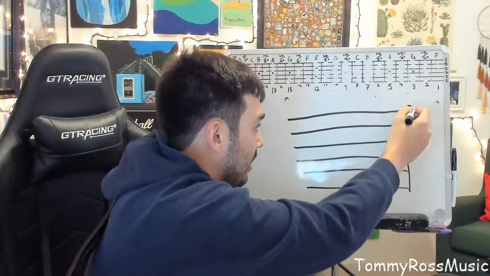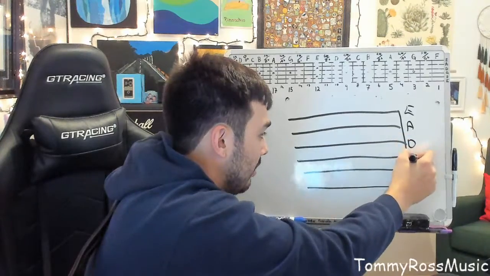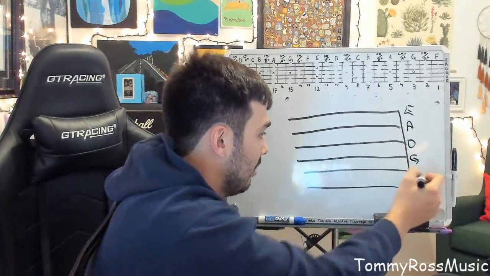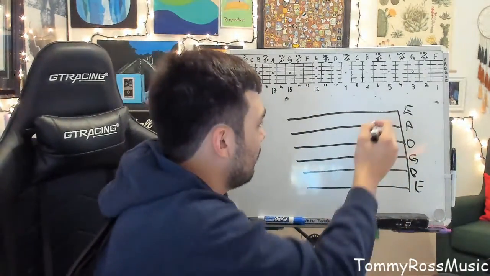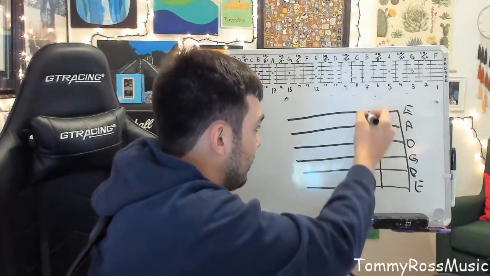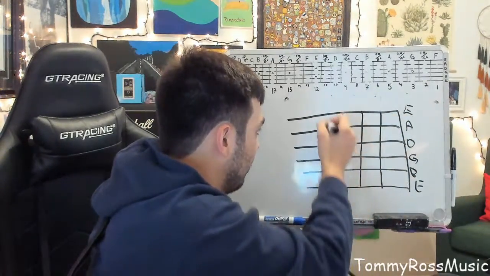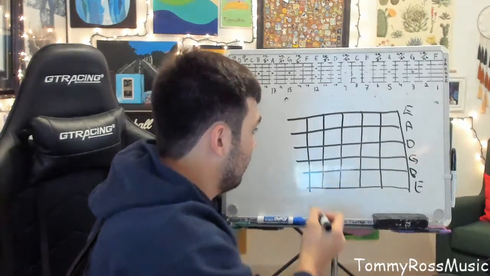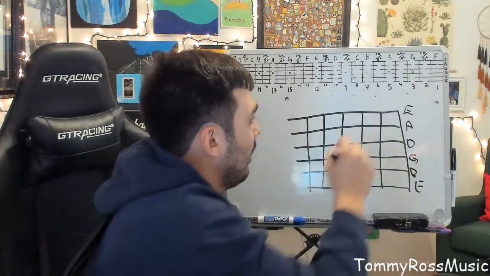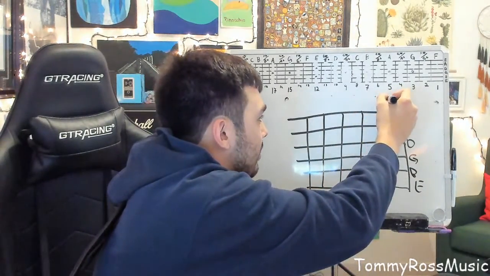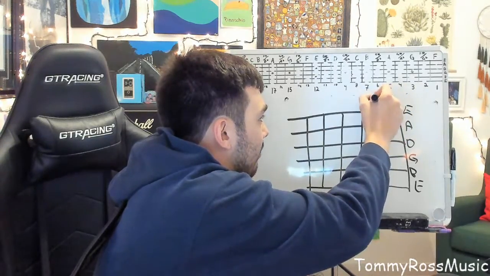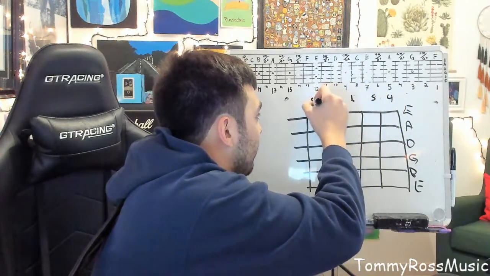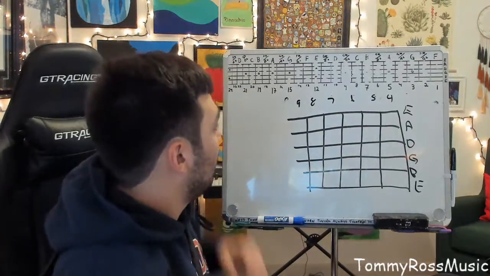Got our E, A, D, G, B, E. Got our frets. And we'll say that this is in the key of A again, 4, 5, 6, 7, 8, 9.